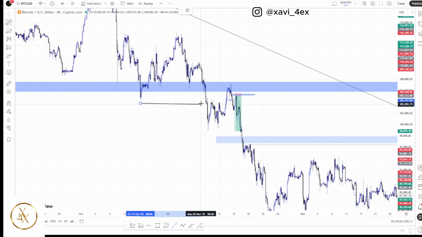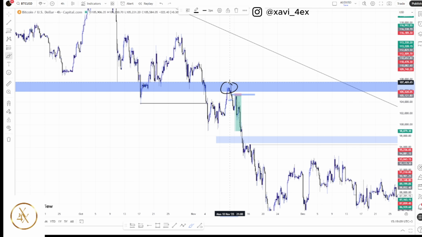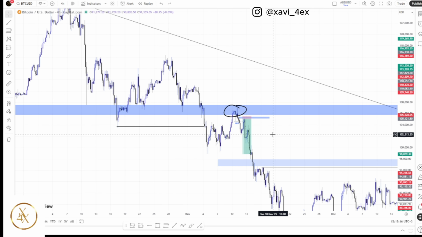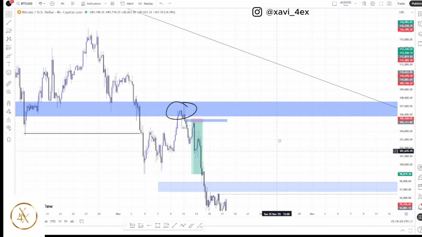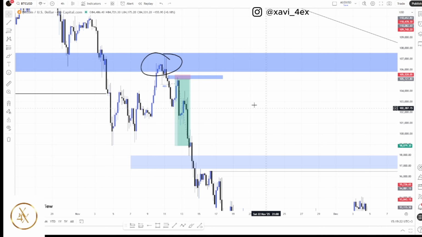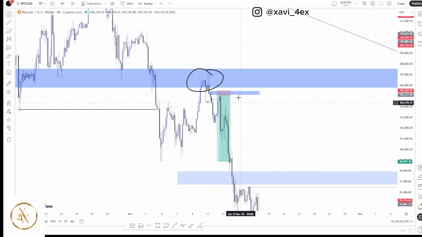We had a break here, and then price came to retest our neckline on the big time frame, which is the daily, even on the 4 hour. So what do we do here? This is where we come up with our strategies, different strategies. I'm not here to talk about the strategy I use on Bitcoin, but I'm talking about directional bias.